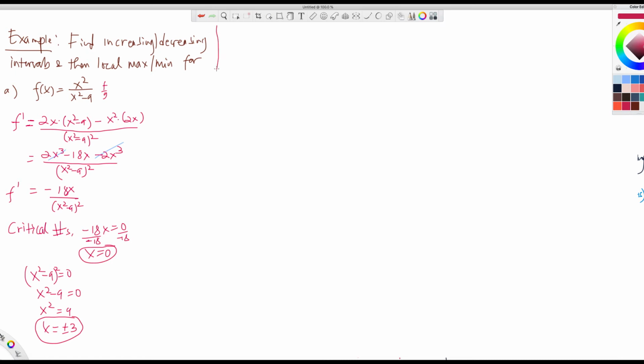So what do you do next after you find out the critical numbers? Because I want to find out the increasing and decreasing, right? So the next step is draw a number line and mark those critical numbers, right? -3, 0, +3. And then pick test points. I want to pick -4, I want to pick -1, I want to pick +1, I want to pick +4.